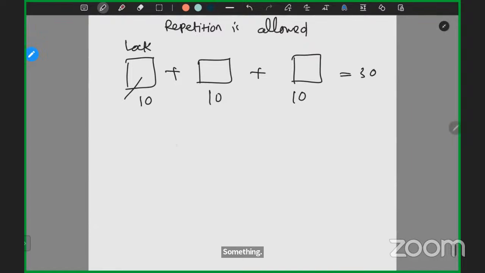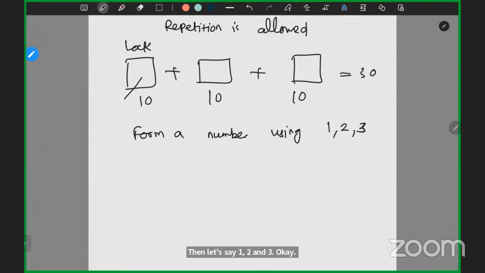So let's say I say form a number using 1, 2, and 3, and I'm saying that repetition is not allowed. Basically, 1, 1, 1 is not a possible scenario, 2, 2, 2 is not there, 3, 3, 3 is also not there.